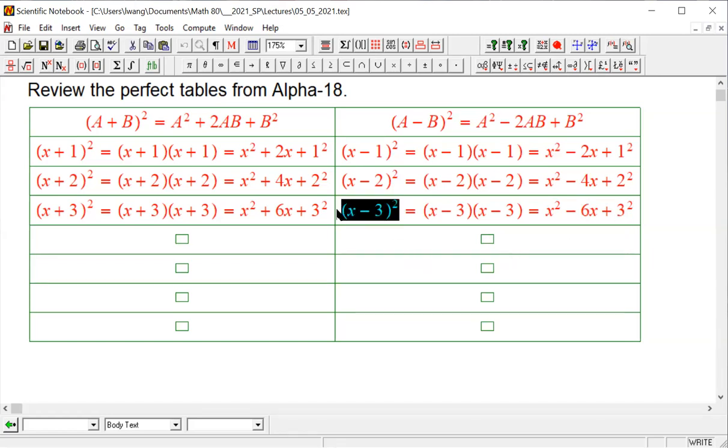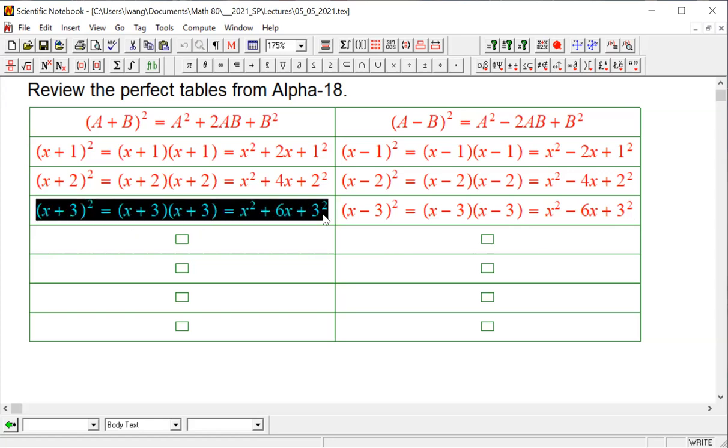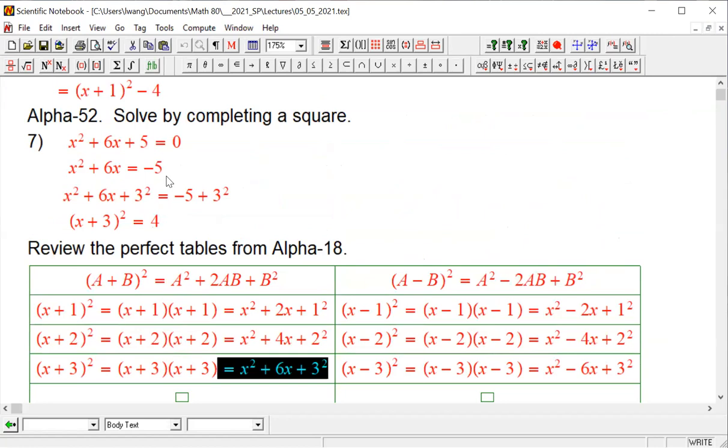To get the perfect square, what do we need? We need x squared, we need a 2ab, minus 2ab here, and plus b squared. This is the situation we are currently in, but we're working backward.